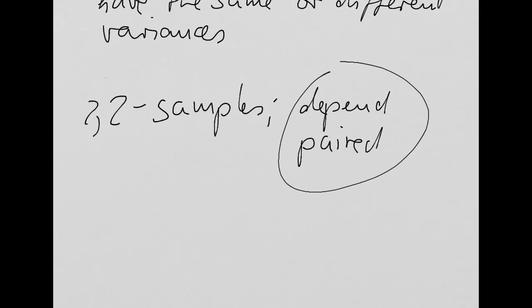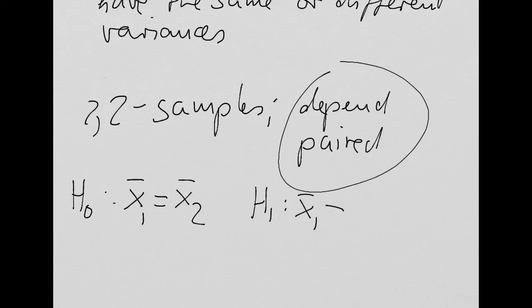And we have an additional complication. We can ask, what is our alternative hypothesis? The null hypothesis is, in both cases, always that the sample means are the same. We can have, however, a situation where our alternative hypothesis is not the same.